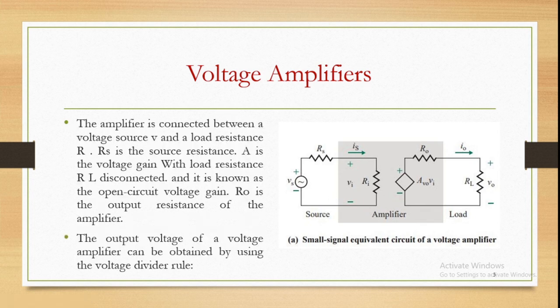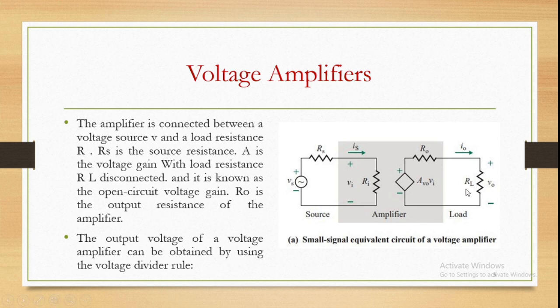This amplifier is connected between a voltage source Vs and a load resistance RL. Rs is the source resistance, and A is the voltage gain with load resistance RL disconnected. It is known as the open circuit voltage gain. R0 is the output resistance of the amplifier.